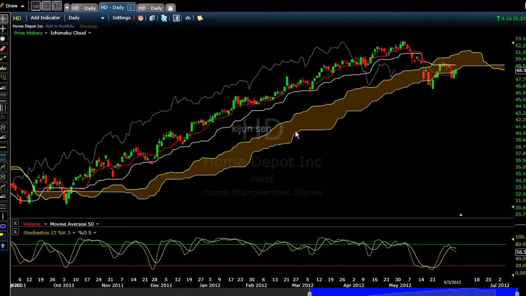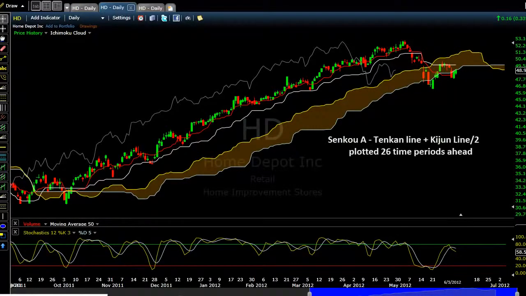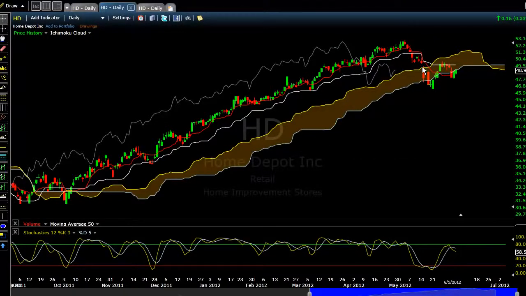Alright. Now, the importance of the Kumo, you can see the varying thicknesses, and that's because Senkou span A and B, remember, span A is the sum of Tenkan-sen and Kijun-sen divided by 2, and it's plotted 26 periods into the future.